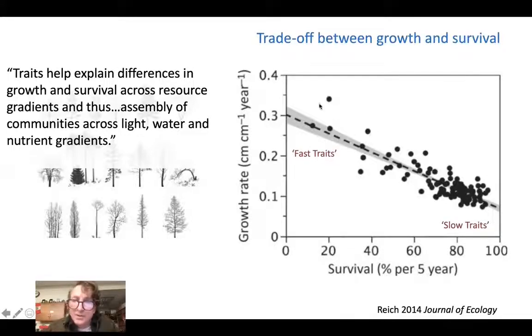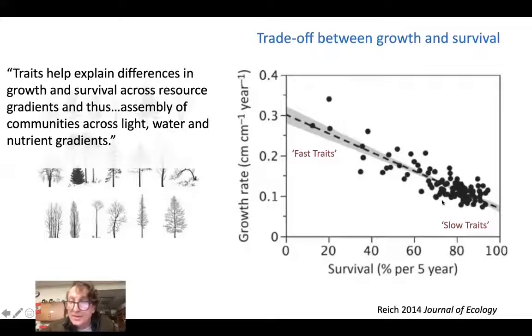But there's this other group of species down here that tend to grow really fast. We call these fast species, but they have a really low survivorship. That is, they're dying at a very high rate, okay? So we have this inverse relationship between life histories, okay? So survivorship, how quickly you're dying in the environment, versus how quickly you're growing in the environment.